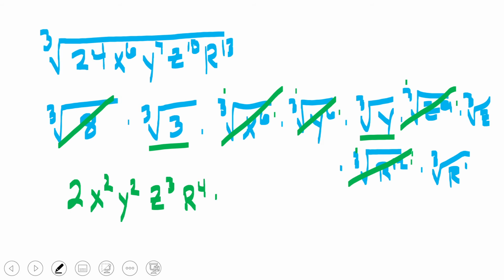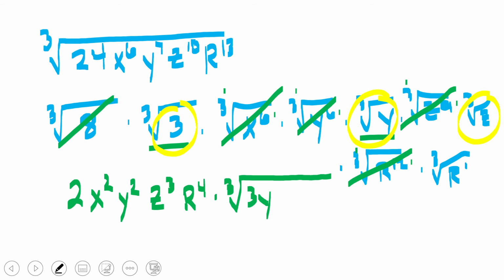And it's all going to be times the cube root of any value left over. So we have 3, y, z, and r.